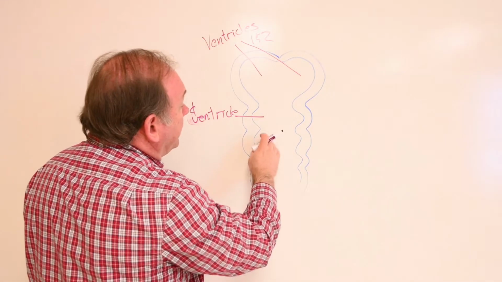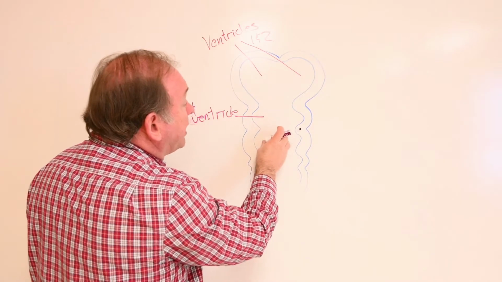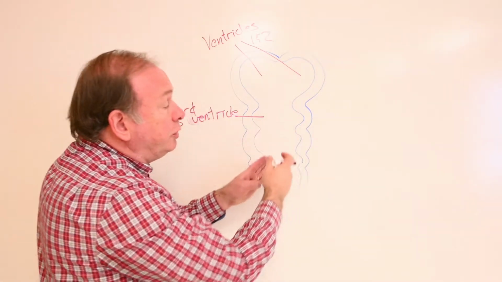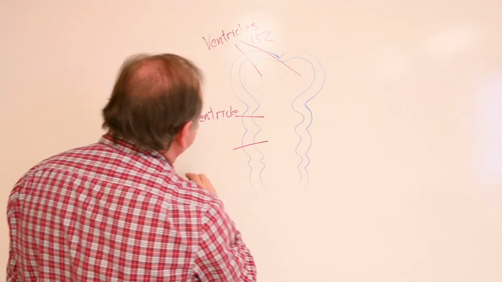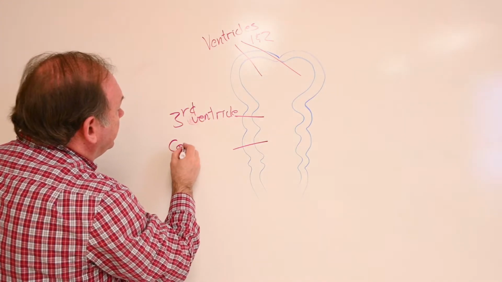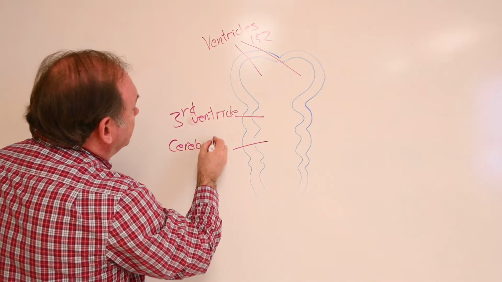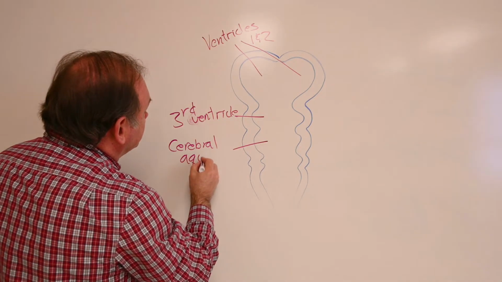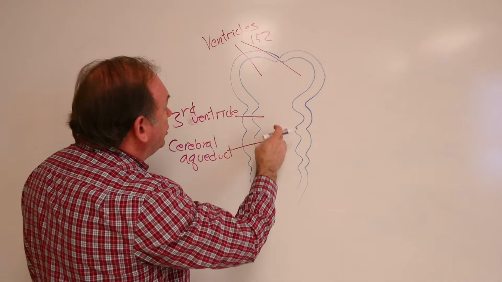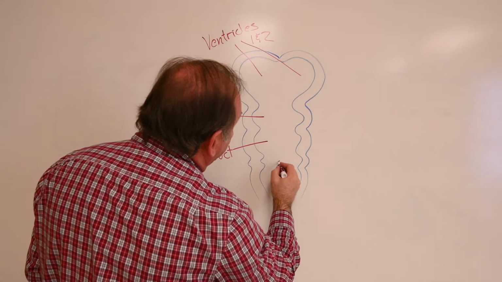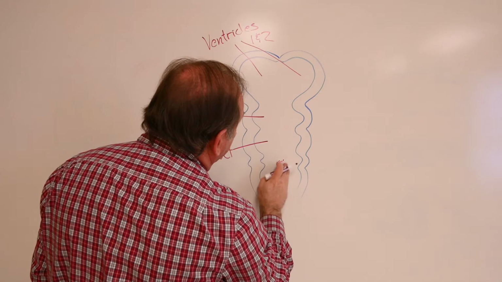The next section does not become a ventricle, but becomes a narrow tube that joins the third and fourth ventricle, and we call that the cerebral aqueduct. The tubular connection between the third ventricle and the fourth ventricle.